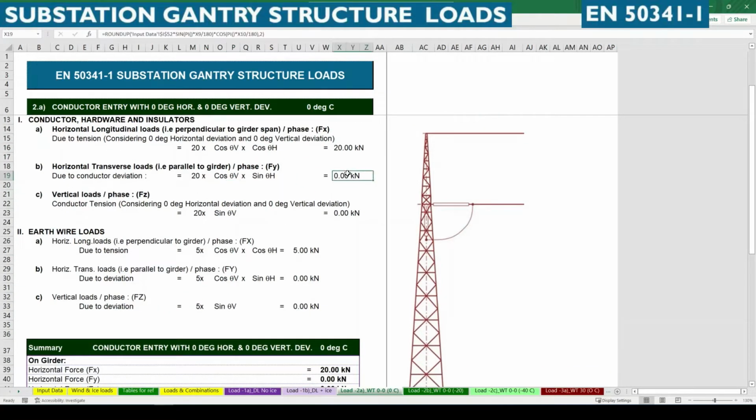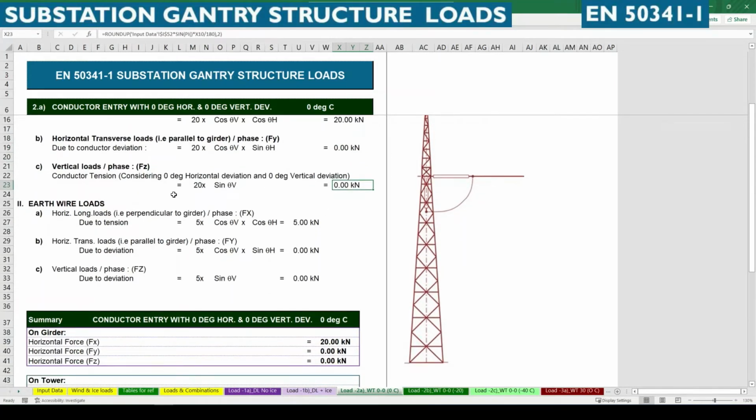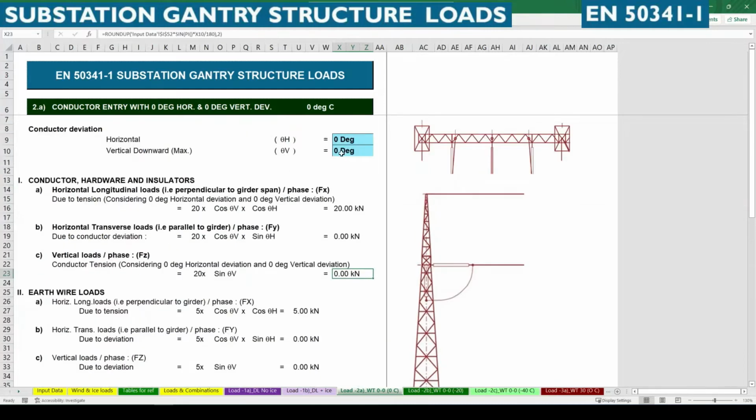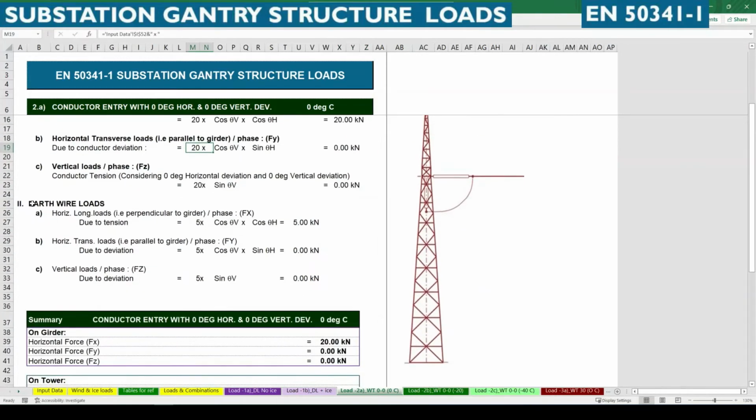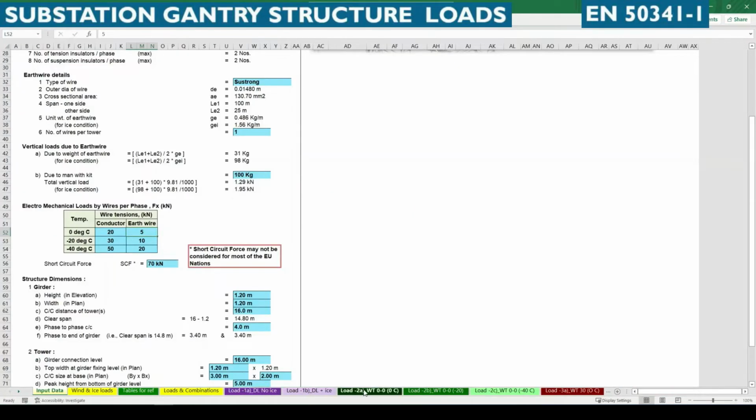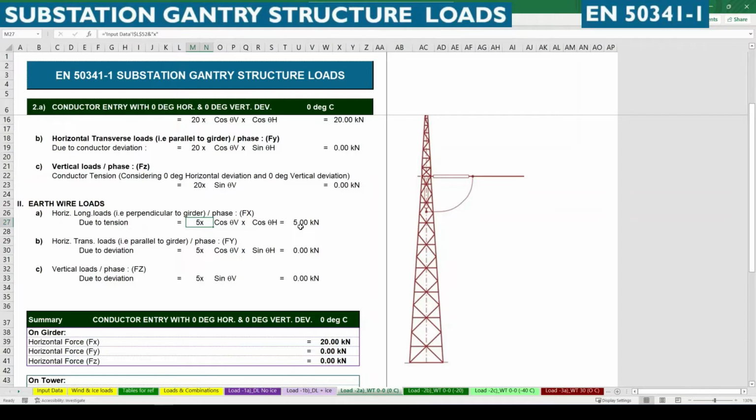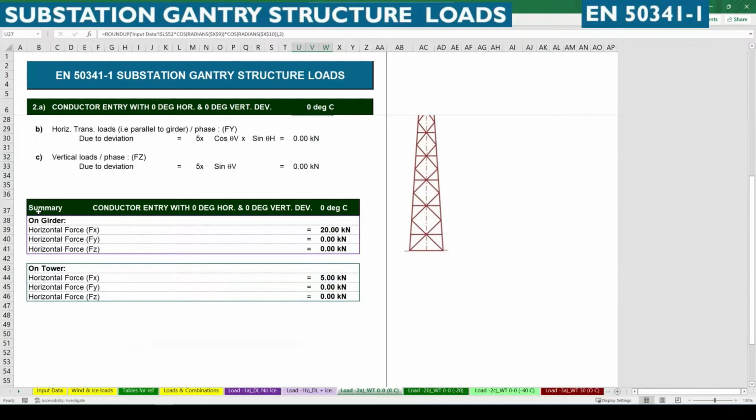There are no horizontal transverse loads. Similarly, there is no vertical load also, as the vertical angle is 0. For horizontal loads on the earth wire, we need to consider the 5 kilonewton provided in the input. We can directly consider these longitudinal loads alone. So this is a summary for the same. For the girder, Fx alone is 20 kilonewton, and Fy and Fz are 0.